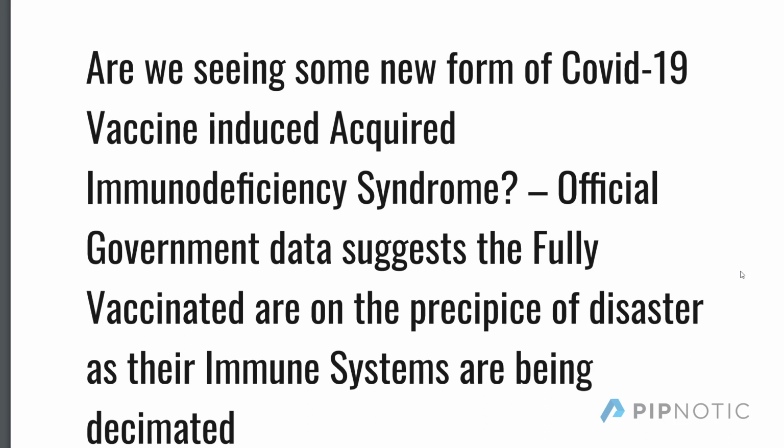AIDS is the result of a viral infection known as HIV, whereby the immune system doesn't function properly, and so it cannot protect you from the common cold or anything else that a healthy immune system would easily be able to tackle. This is very, very alarming.